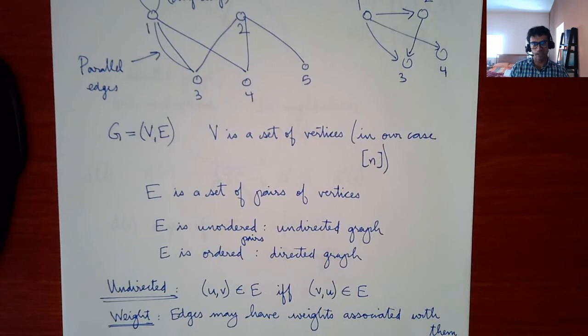That's basically saying you think of UV as being distinct from VU. When you look at sets, you can look at ordered sets and unordered sets.